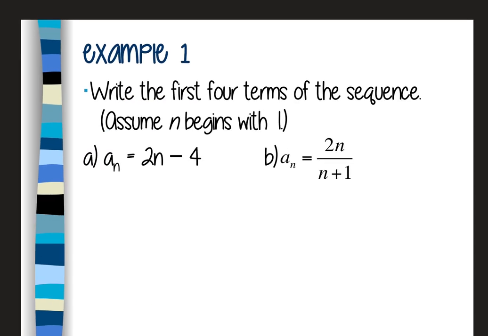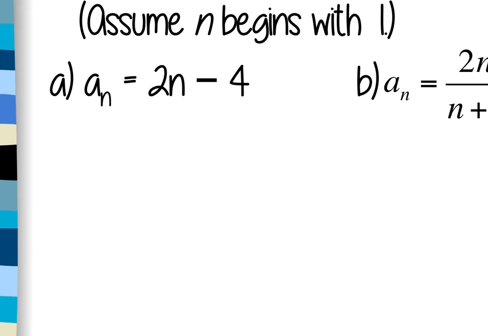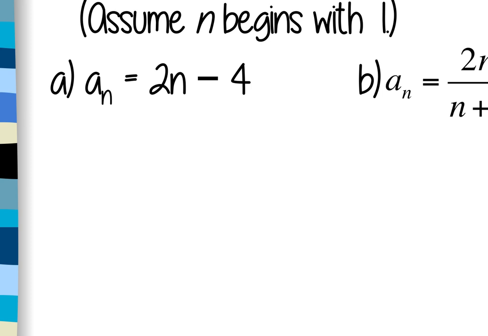All right, so this first one, we are simply finding the terms in this sequence. It says, write the first 4 terms of the sequence, and we're going to assume n starts with 1. So the way you will see this written is it will say A of 1. And the 1 is the number you plug in to the n. So 2 times 1 minus 4 is 2 minus 4, which is negative 2.